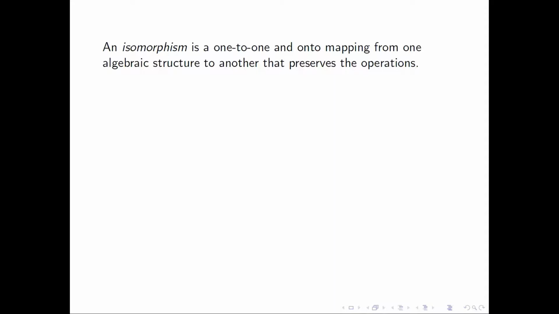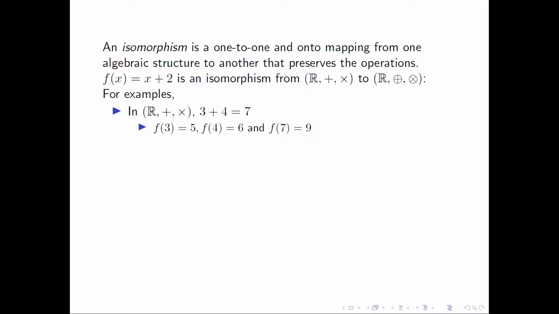So what do we mean by preserve the operations? I'll give you an example. I claim the function f of x equals x plus 2 is an isomorphism from the first algebraic structure to the second. Let's look at the plus and the circled plus. In the first structure, we have 3 plus 4 equals 7.